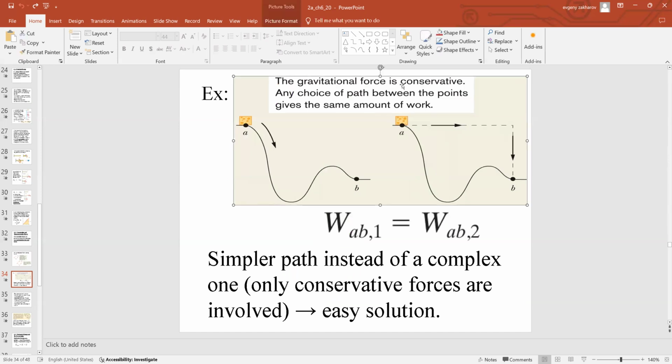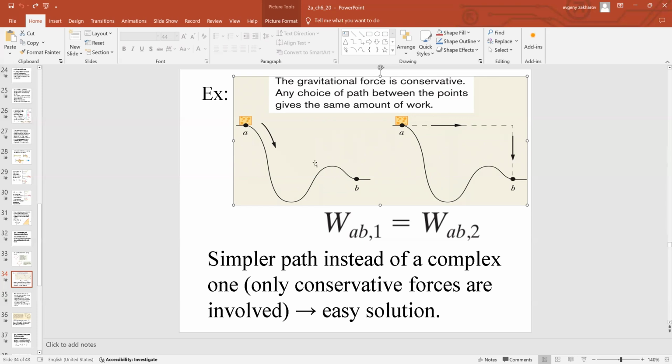So gravitational force is conservative, and instead of solving a problem when you go down and up and down and up, you can just say, we're going to go this way and then that way, and in order to calculate the work done, this is a much better approximation. It's a simplification of calculating the work, and the result is the same.